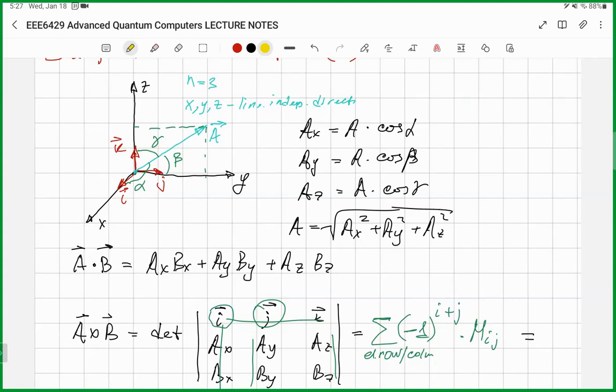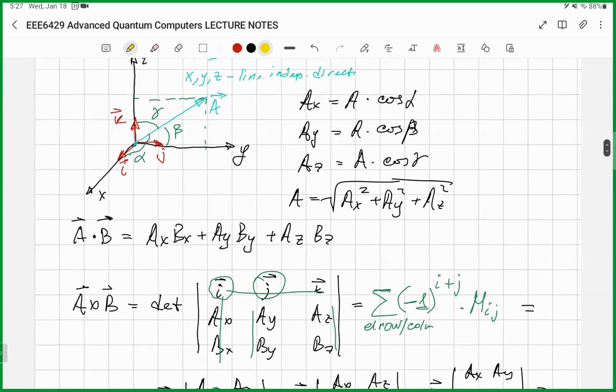These coordinate axes are orthogonal, and the number of linearly independent vectors equals 3. Then the unit vectors, the basis we introduce in this space, i, j, k, for example, are orthogonal.